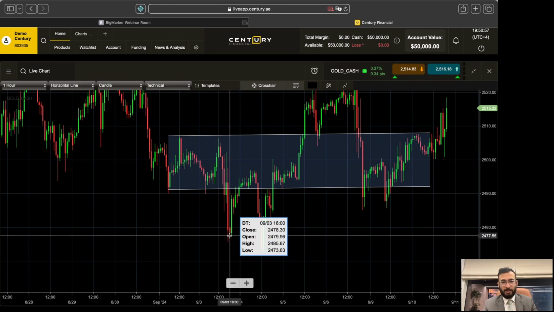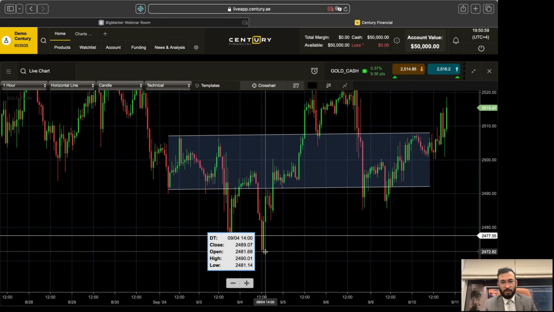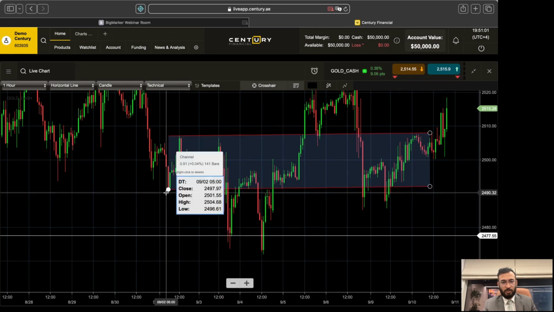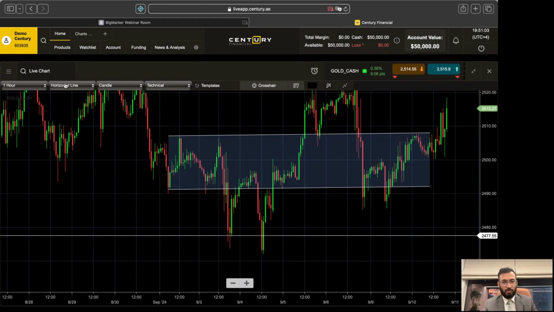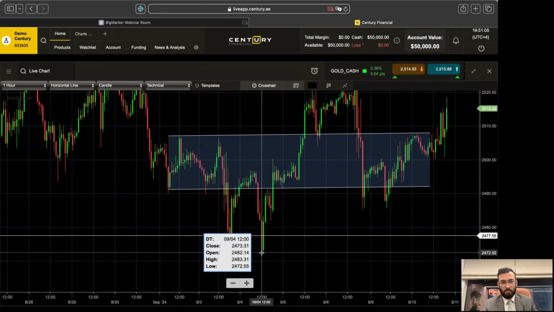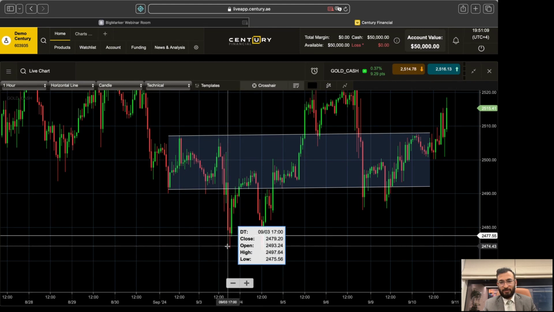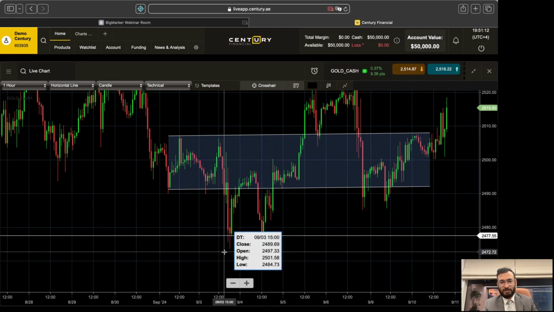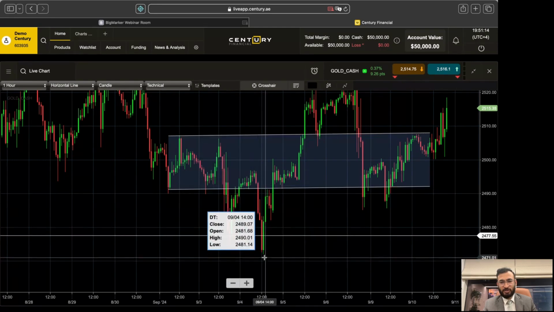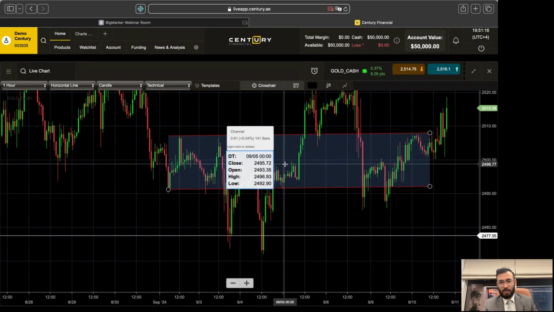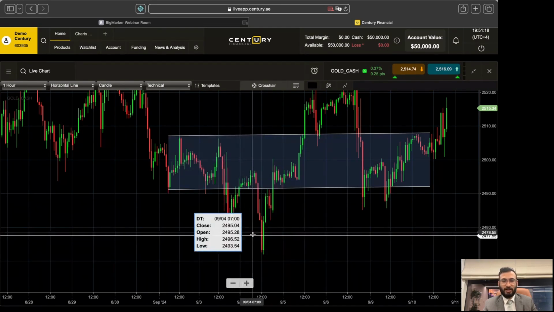Look at this level here and then here. See, this line here and this line here are both at the same level, 74, 73. See how it has bounced back from this level, right? These are called reversals right here.